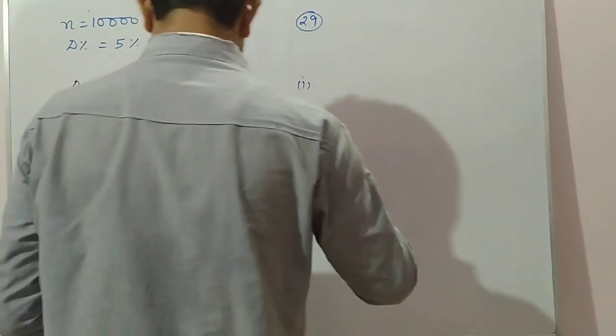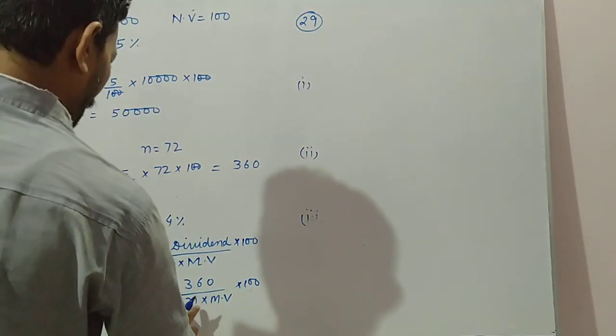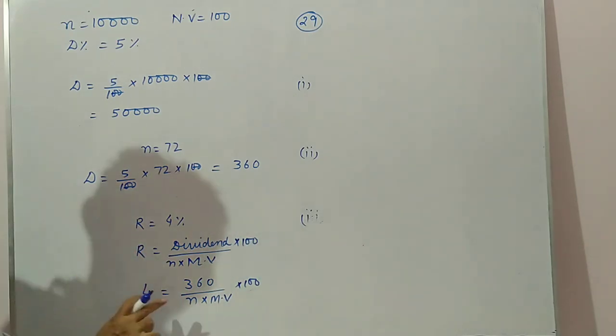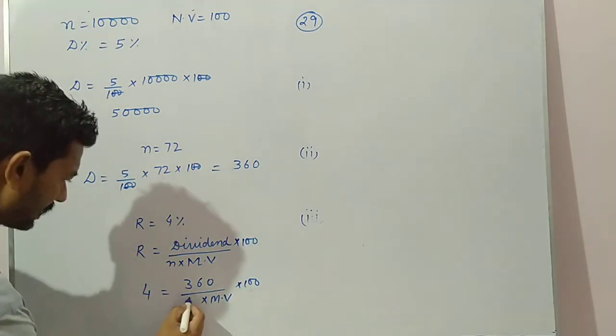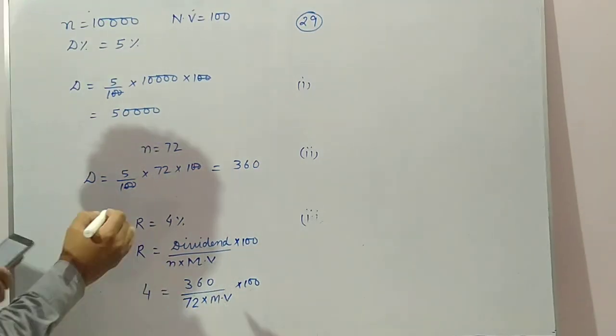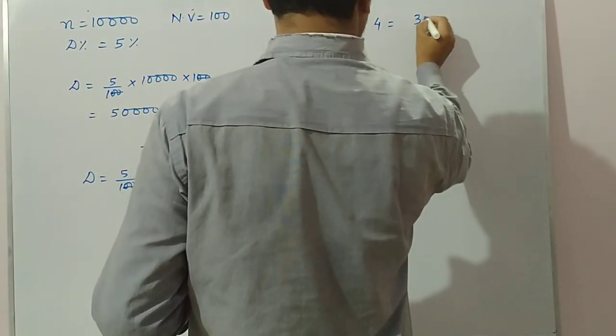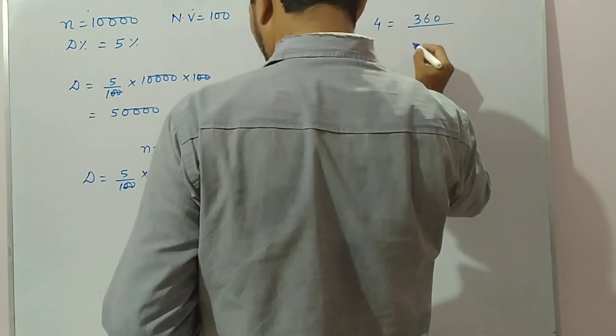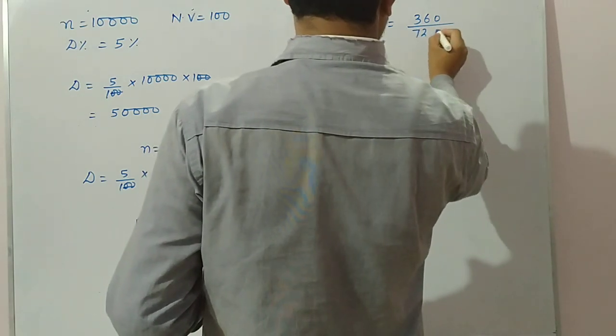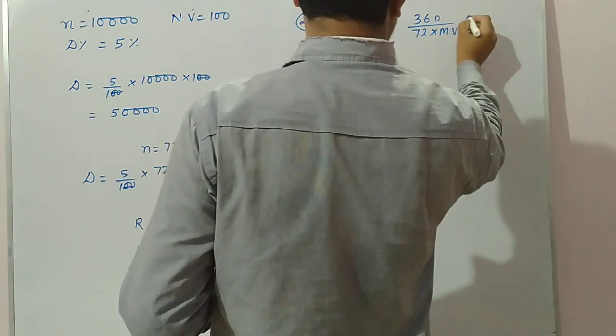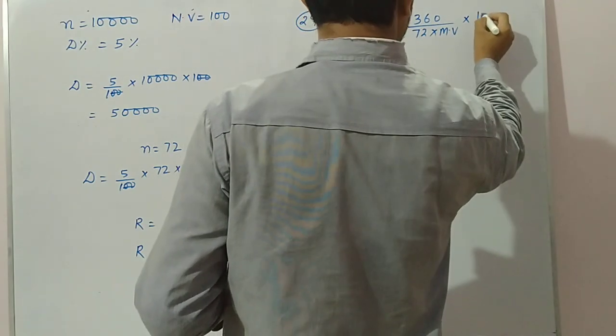So we can write, we require what? Market value of the shares. Number of shares, that is what? 72. So in place of n we can write 72. So 4, that is equal to 360 by 72 into market value into 100.